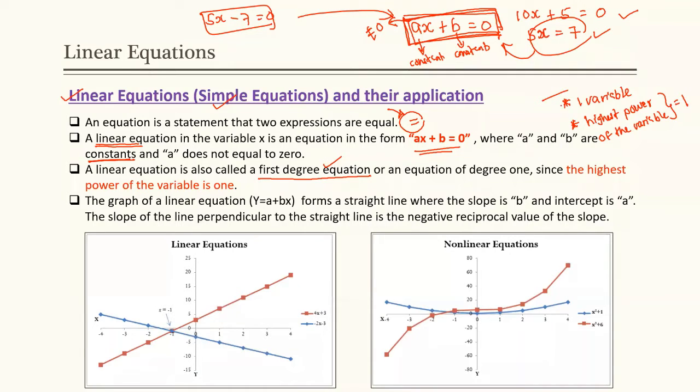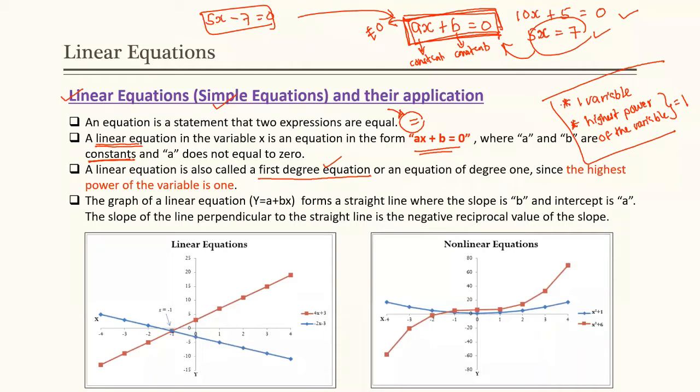If these two criteria are satisfied, then we can say that it is a simple or a linear or a first degree equation. Now, if an equation has only one variable and the power of that variable is 1, then we identify such equations as simple equations.